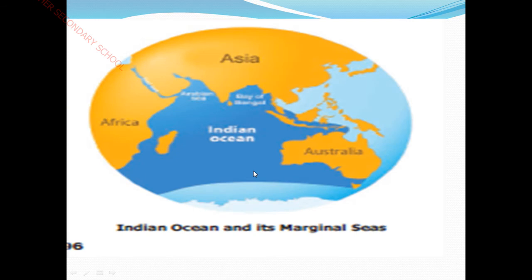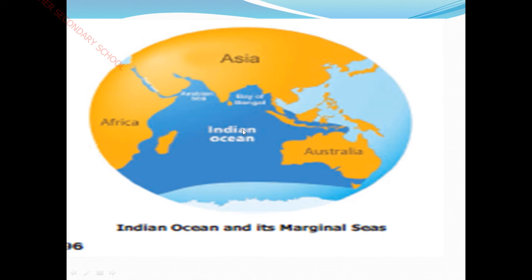Okay, children, see here. This is the Indian Ocean, and near India, this is the Bay of Bengal and the Arabian Sea. Another continent, Australia, is also near the Indian Ocean. Africa also takes part in the ocean.